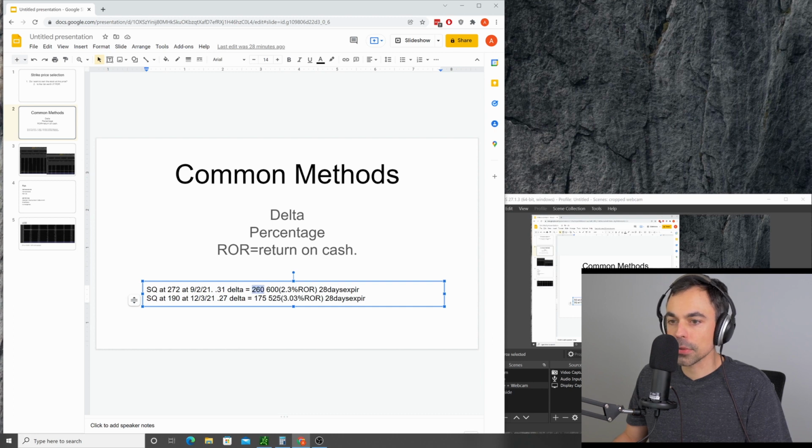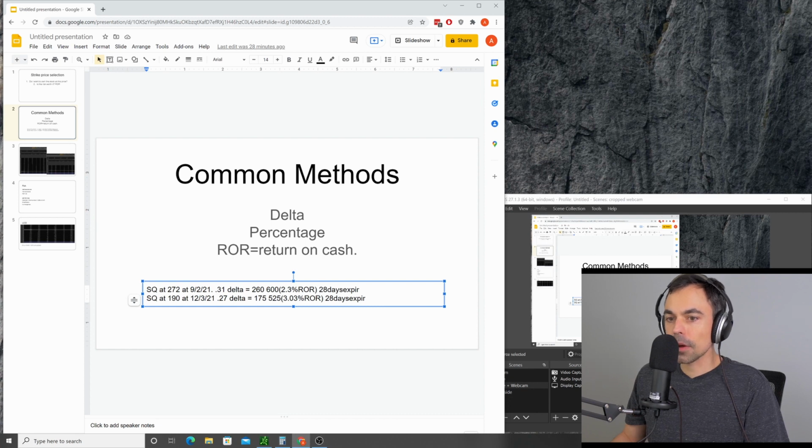So the strike price would be $260. That means if you had to buy the shares, you'd have to put down $26,000 and you'd be paid $600, which is 2.3% of that. That's the return on risk. And then these are monthly contracts. I try to aim for around 30 days.